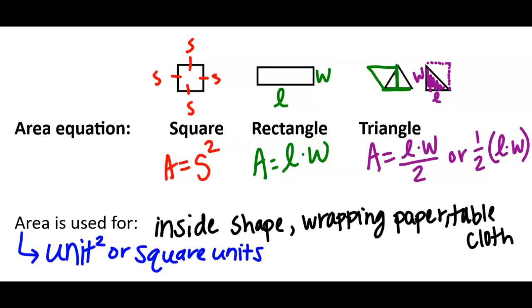When we are measuring area, we are using it for insides of shapes. Wrapping paper, tablecloth, book cover, surface of a table. So if we're working in an industry where we're making surfaces, we need to know the area of that surface.